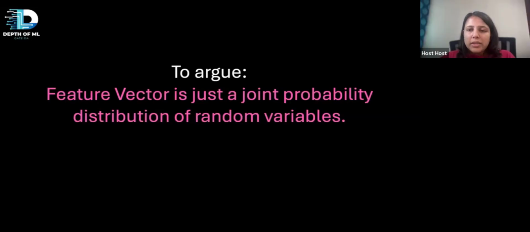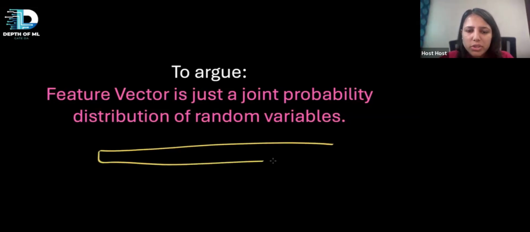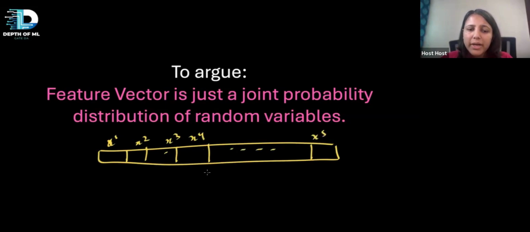Now that you have understood that a feature is a random variable, can you think about this, that I can model every feature vector? So what was my feature vector? Feature vector was this, like x1, x2, x3, x4, x5.